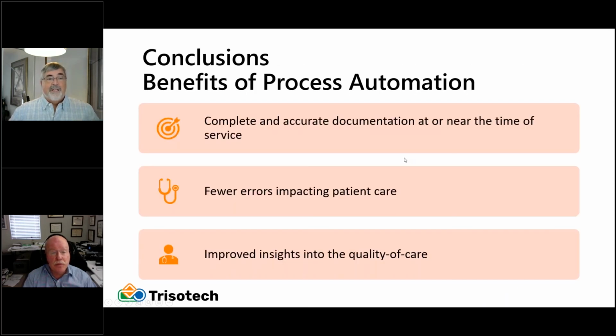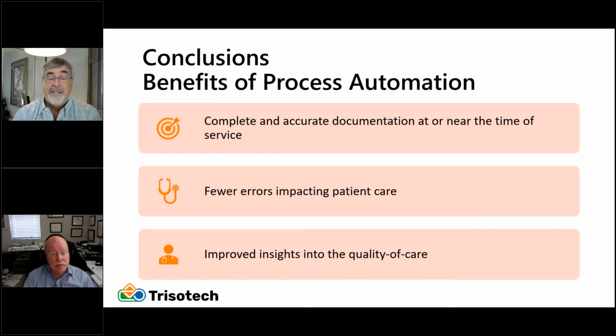So hopefully with this very quick introduction, our aim here is not to really do an in-depth dive. We just wanted to create some awareness and generate some questions. We believe that this shows clearly the benefits of using process automation in this context, where you get more complete and accurate documentation in near real time.